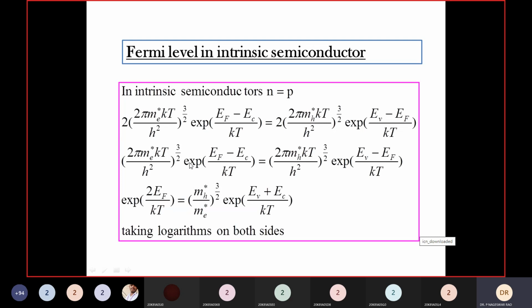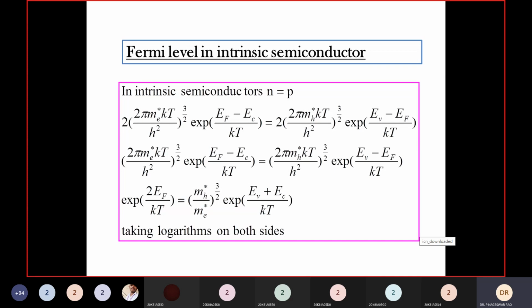Some terms get cancelled. The 2 is common on both sides, so it cancels, and 2 pi kT by h square whole power 3 by 2 appears on both sides, so both get cancelled. The remaining term here is me power 3 by 2, and similarly here mh power 3 by 2 is the remaining term.